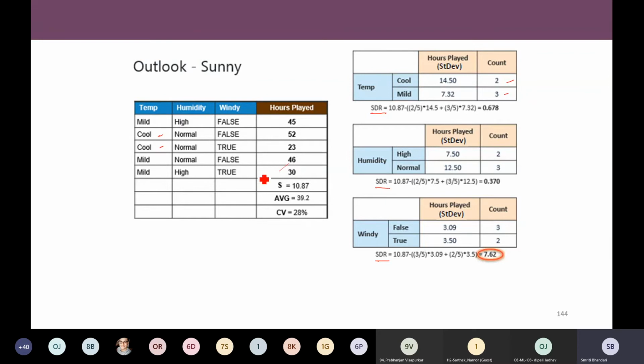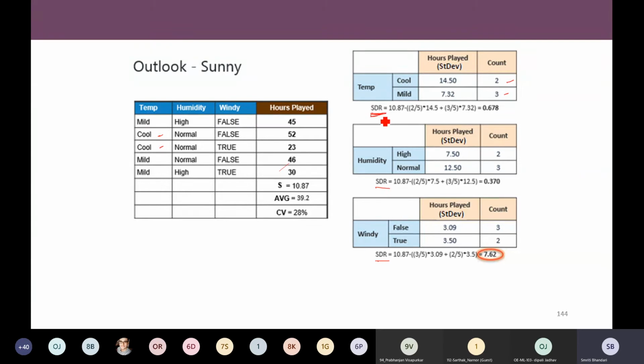Please remember, this is the subset of the data set for outlook equal to sunny. The standard deviation for temperature equal to mild is computed with this subset. After having these values computed, we find the SDR.